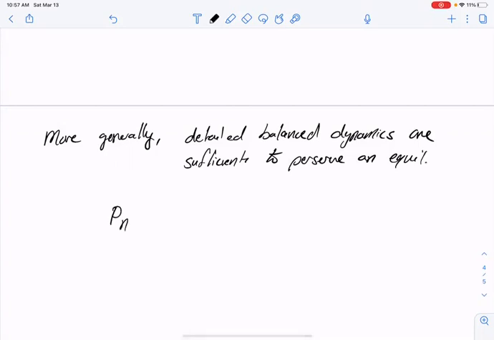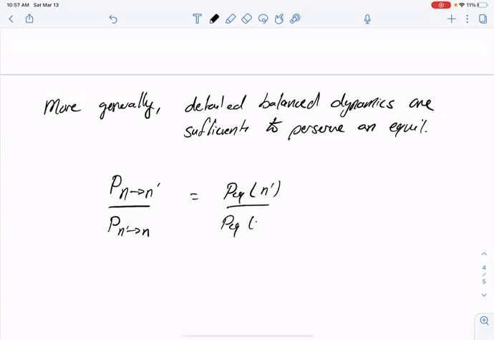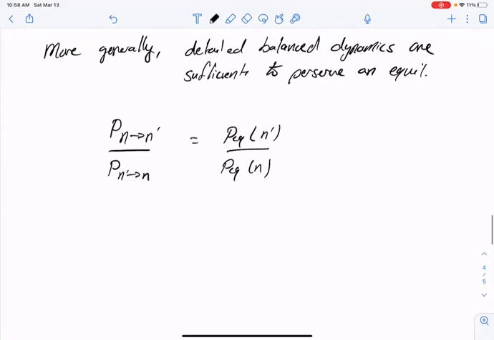Namely, if I imagine the probability to go between two arbitrary states denoted n and n prime, the ratio of going between n and n prime relative to making that transition in reverse, if detailed balance holds, is the ratio of the probability of being at n prime relative to the probability of being at n. That's another way of stating stationarity.